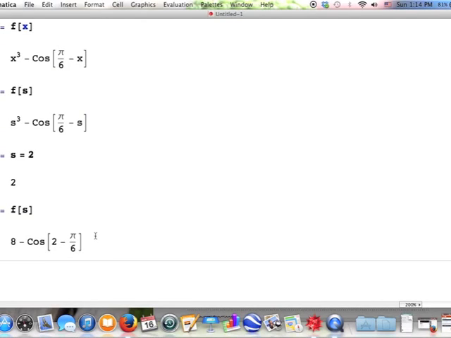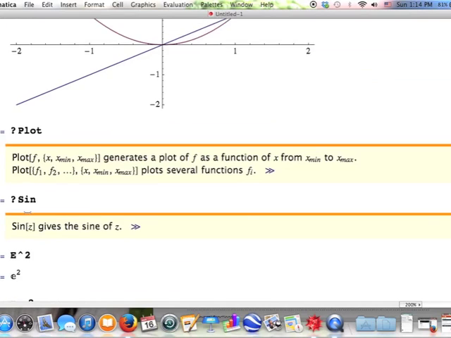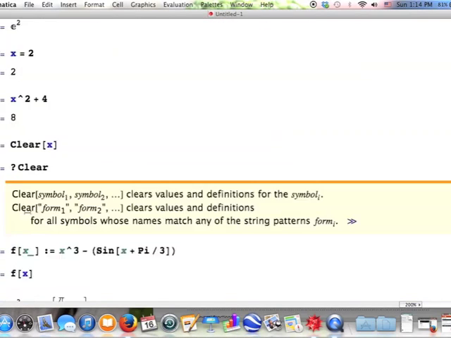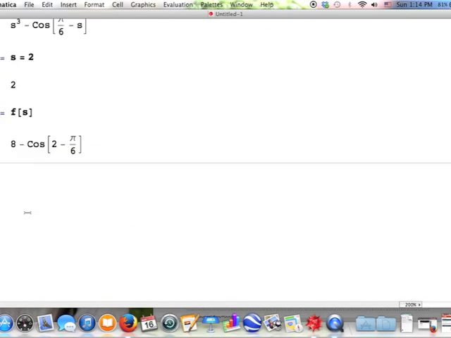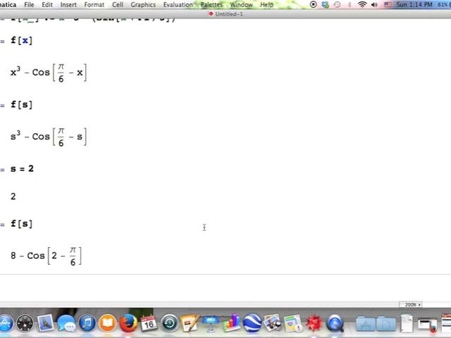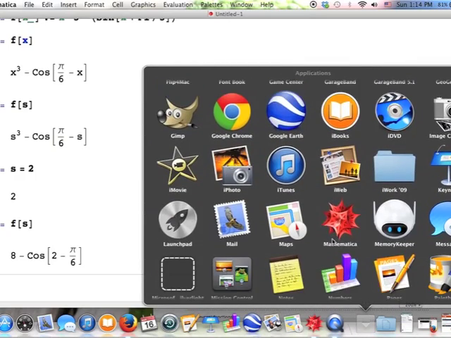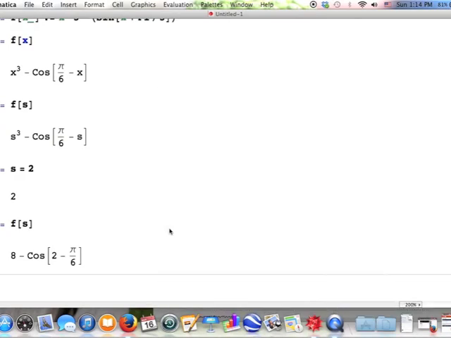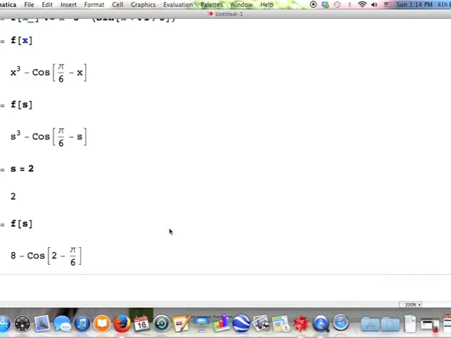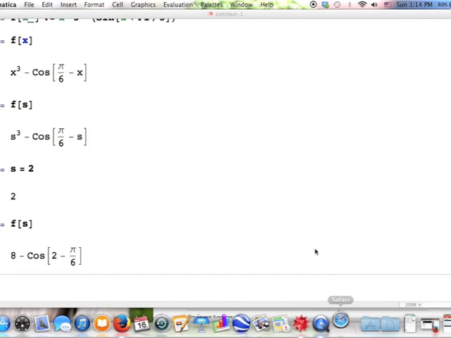Beyond that, it's very good to just use trial and error to really figure out Mathematica. A really great way to learn Mathematica, how my professor taught me how to do it when I was an undergraduate, is a website called, let me go to Safari to show you.